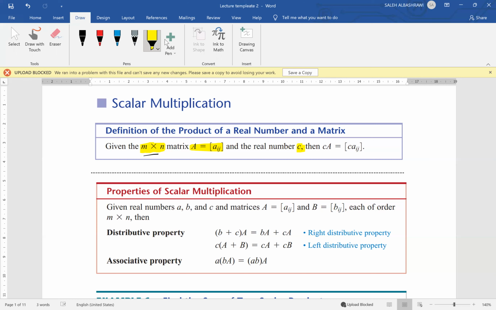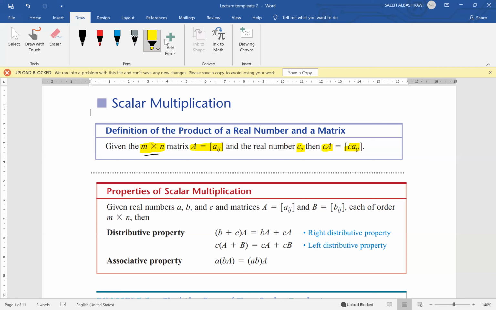It can be any real number, 0, 1, 2, minus 1, or whatever. Then C multiplied by matrix A is equal to C times each element of the matrix A. So we are going to multiply every element in the matrix A by the constant C, or by the scalar C.